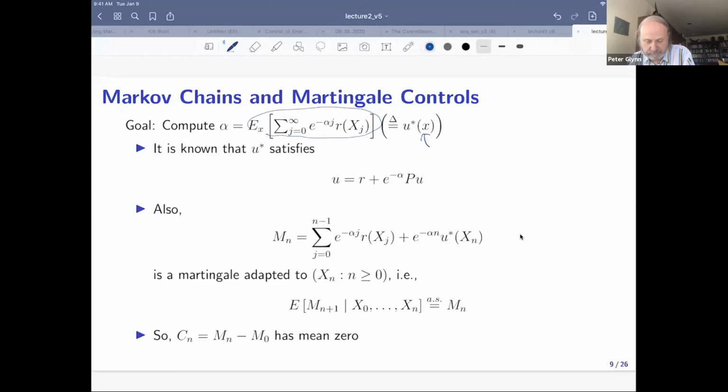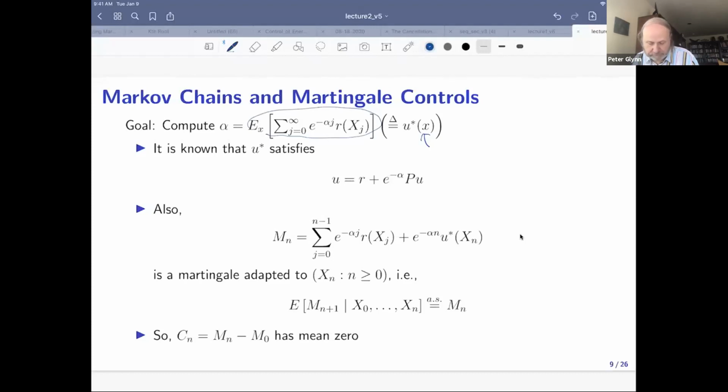In particular, if we write u as a column vector in which the x entry is u star of x, then u, that column vector, satisfies u equals the reward vector R plus the discount factor alpha times Pu, where P is the transition matrix of the Markov chain.